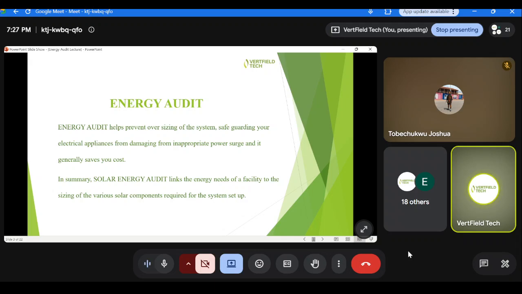You don't just, because you are an electrician and you know how to connect positive and negative cables together, say you can run a solar system. You can do the installations, but without proper designs, you can never make a very good solar installer in this field. So one principal thing you should always put in mind is preventing oversizing or even downsizing of your system.